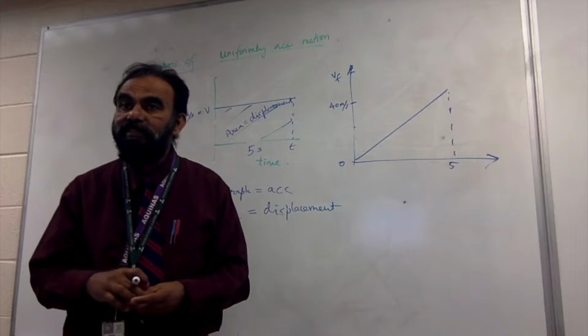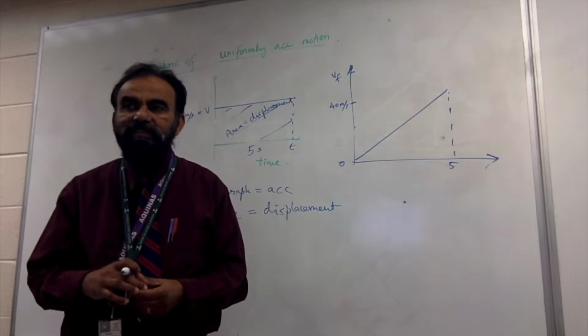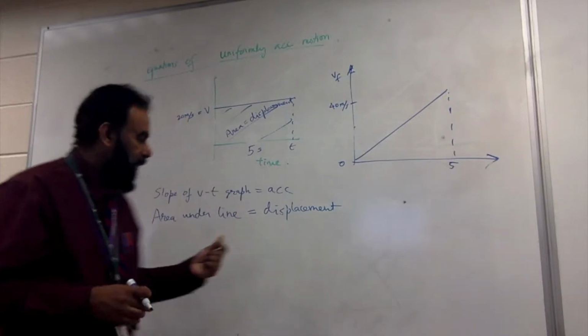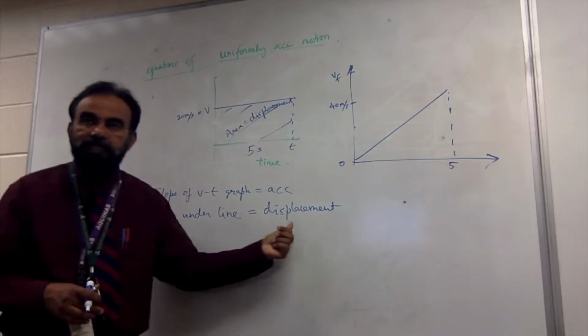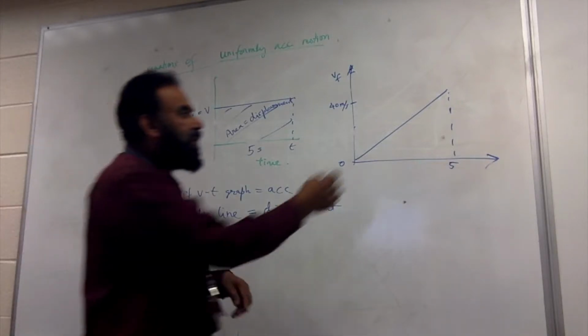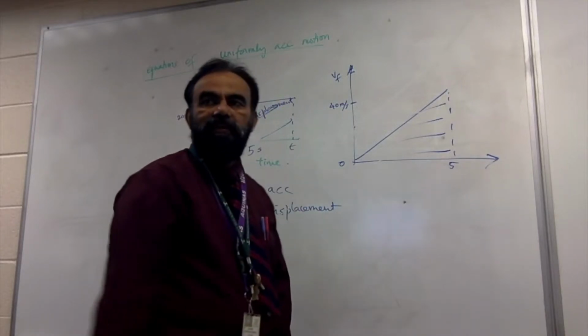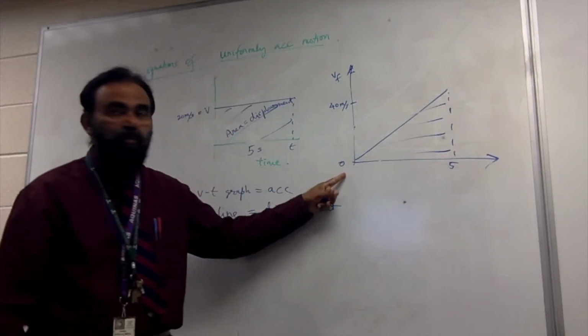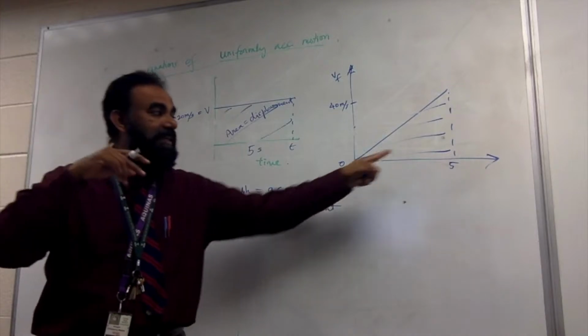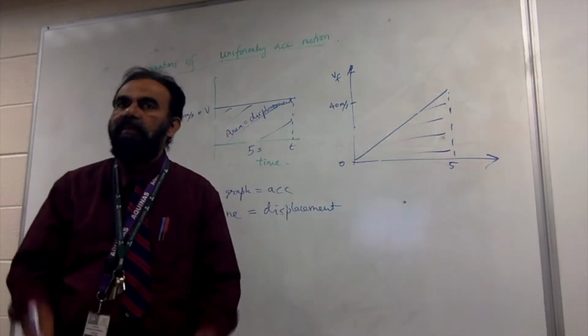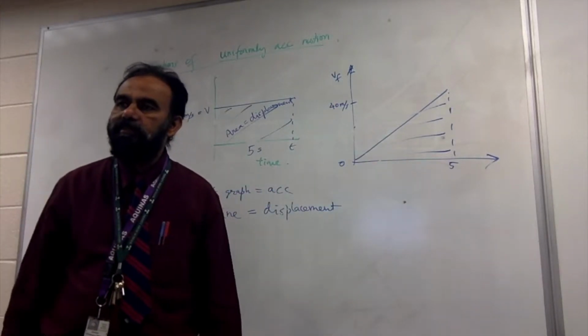How much? How do you find the displacement? So find the area under the line. So it's 100. It's 100 again. So if it started from 0 and went speeding up to 40 meters per second in that time frame of 5 seconds, it is still traveling 100 meters.